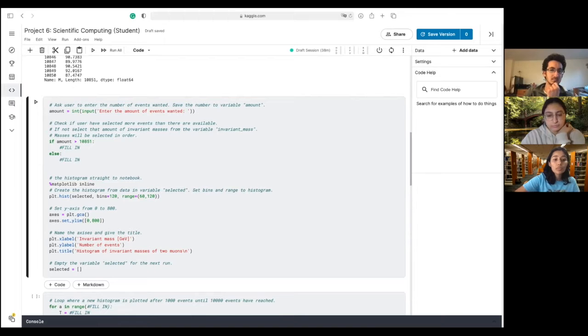Since we know that the total data set does not have more than 10851 events, if it asks for more than that, we have to print out an error statement. So I'm thinking about printing something like "not more than 10851 events, I could not plot."